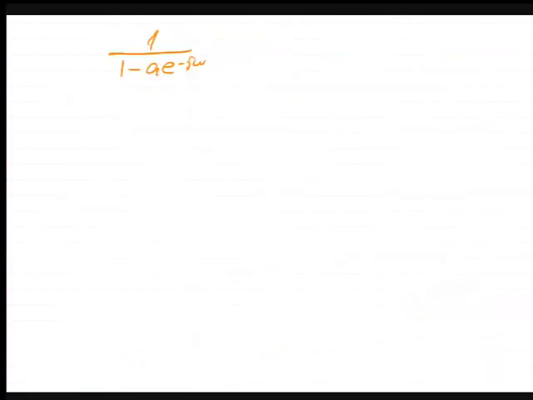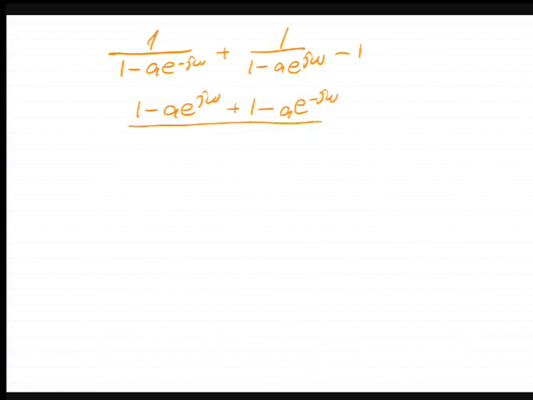All right, so what I was doing here is 1 over 1 minus a e to the positive j omega, and minus 1. So do the usual high school thing, e to the j omega plus 1 minus a e to the negative j omega. These are the first two terms. And what is the product of these two?